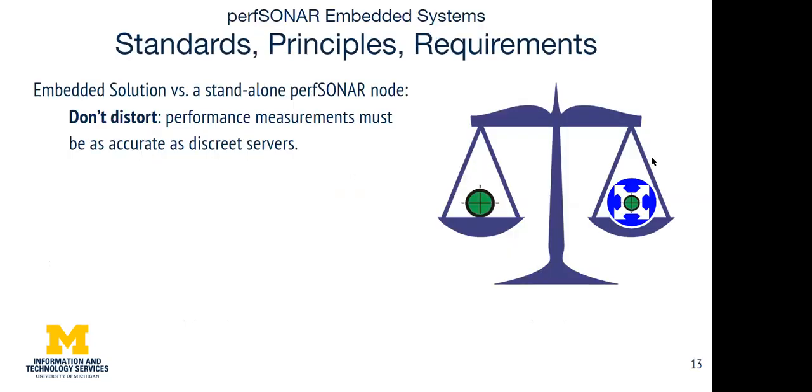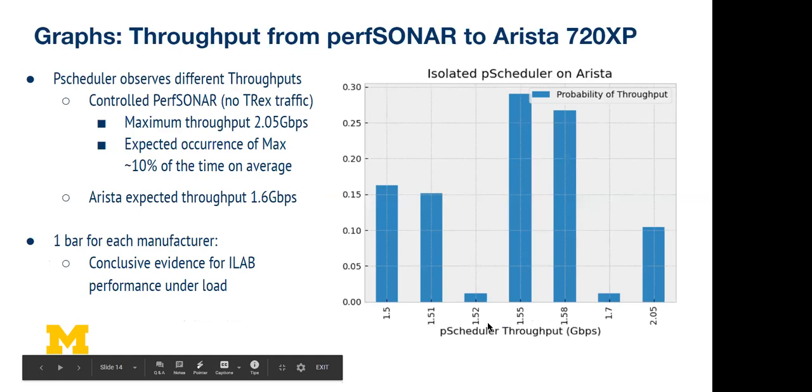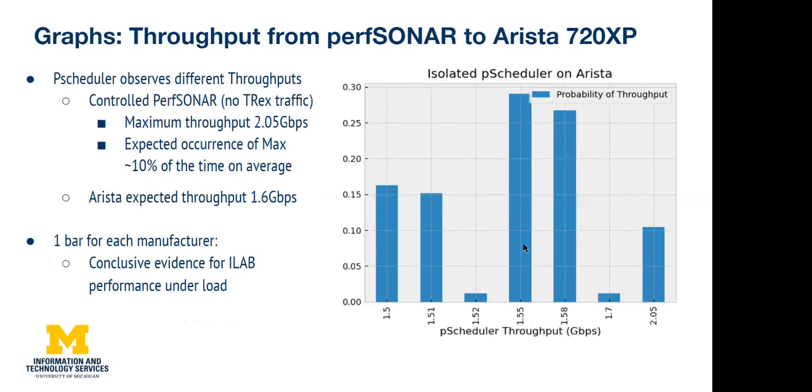So the next principle that we're trying to address here is that the performance of a specific node testing the network is what we would expect it to be given the environment that it's in. And this graph here on the right can be thought of as a way of showing how often we see the expected throughput versus what the actual throughput was in an isolated environment.